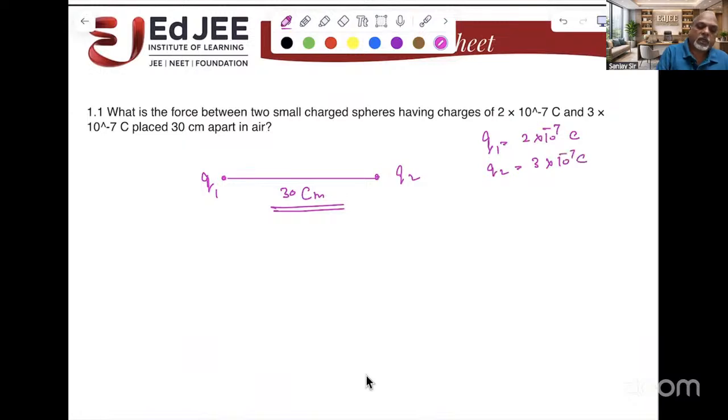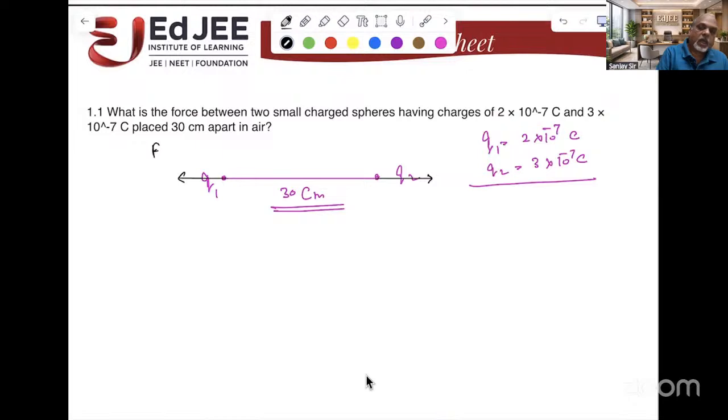So these charges are both positive charges. So what they will do? They will repel each other. Correct? So there will be a repulsion force between them like this.